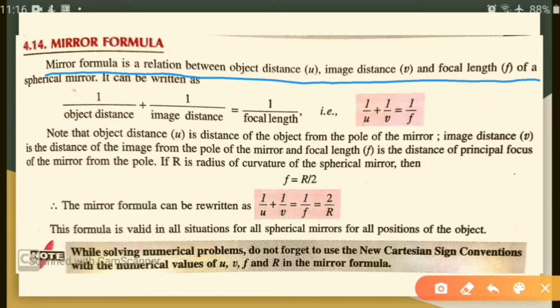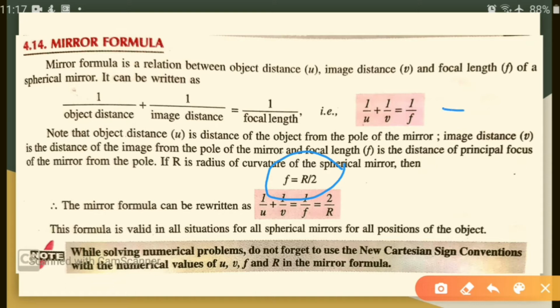Now you also know that f is equal to r by 2, because earlier it has been explained that the focal length is half of the radius of curvature. So if you apply f is equal to r by 2 in this equation 1, then your mirror formula will be 1 upon u plus 1 upon v is equal to 1 upon f is equal to 2 by r.